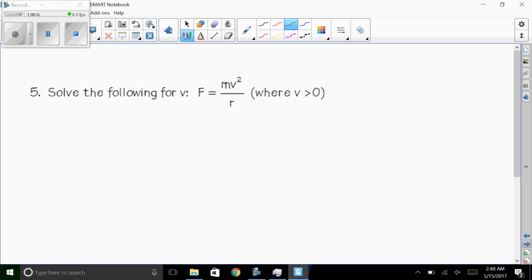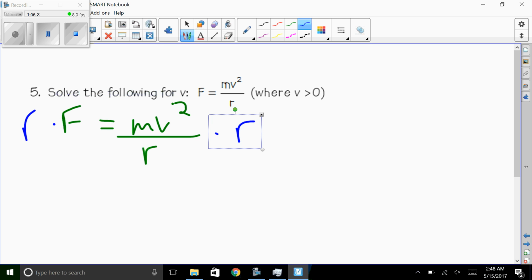Next one, we're solving for v, so we've got to get rid of the r, the m, then the squared. So first get rid of the r by multiplying, because that's the opposite of division. Times r on both sides, and I'm just going to write r equals m. R's over here cancel.